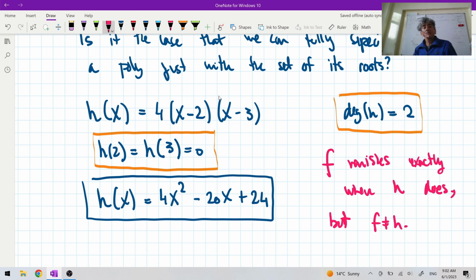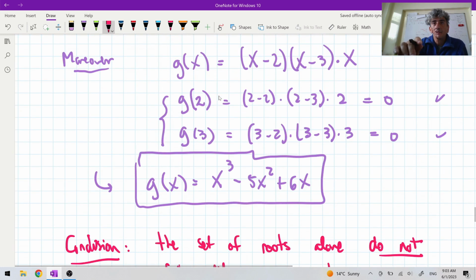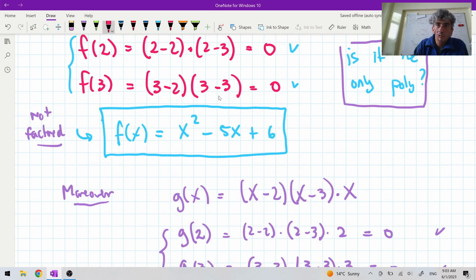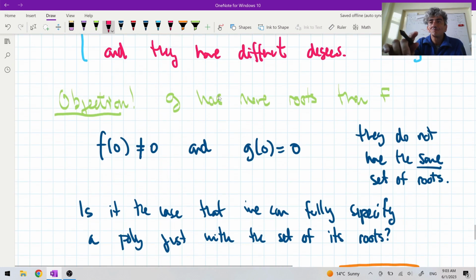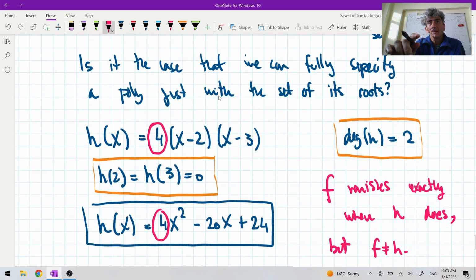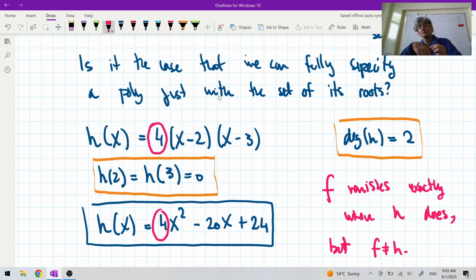And they differ in the leading coefficient. This has leading coefficient 4, and f has leading coefficient 1. All right, so specifying a polynomial requires a little bit more than its roots.